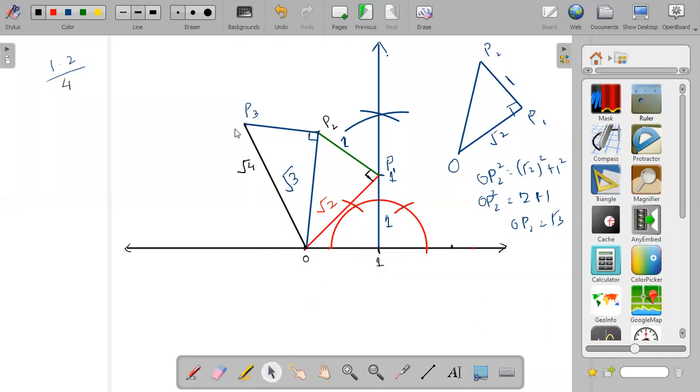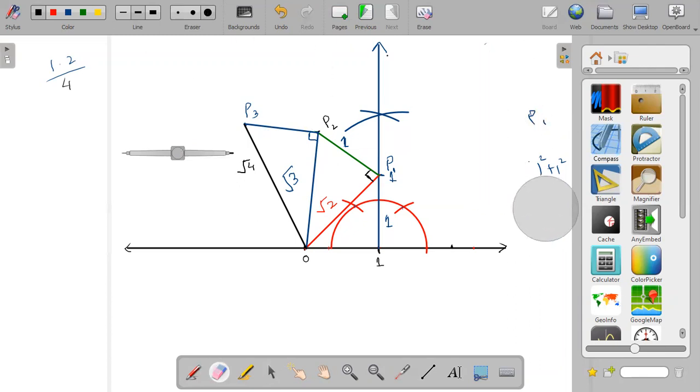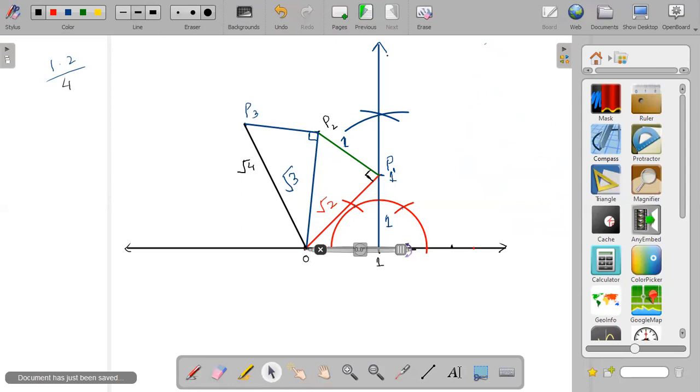Now we have to draw the arcs from these points, the P1 point, P2 point, and P3 point. First you can check with P3 whether it is giving 2 or not. It will give 2 always.